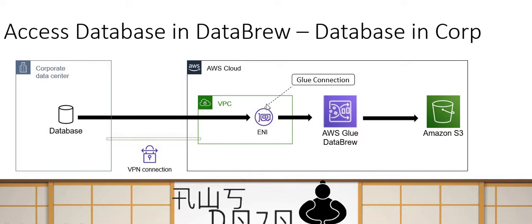So basically, by creating a VPC and setting up a VPN, this VPC has access to your database, and then the ENI can access the database, and Glue DataBrew will simply use this ENI to access the data and then do the rest of the job. Again, in this case, the ENI is created using Glue Connection. So that's the second scenario.